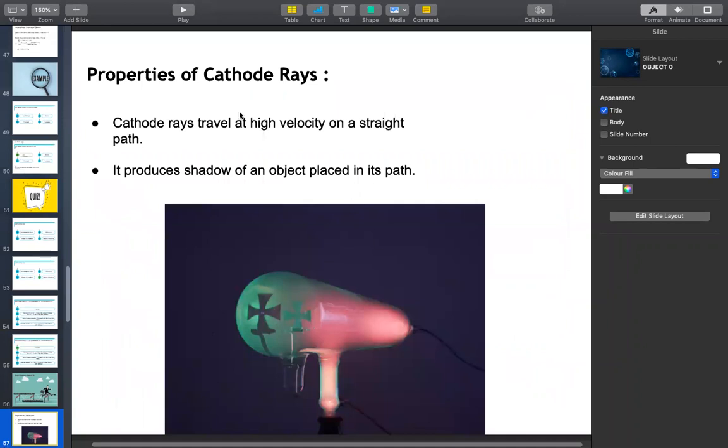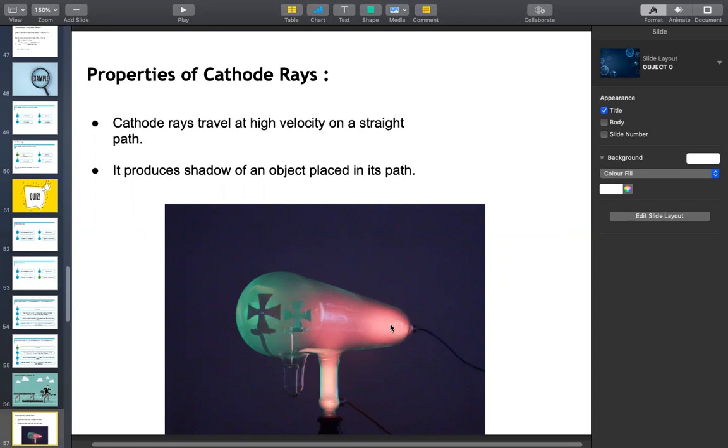Another property of cathode rays: they travel with high velocity on a straight path. You know what was done by J.J. Thomson? He kept one metal plate, one metal object, and again the phosphorescent or fluorescent screen is there at the back. He found that an exact shadow of the object is observed.